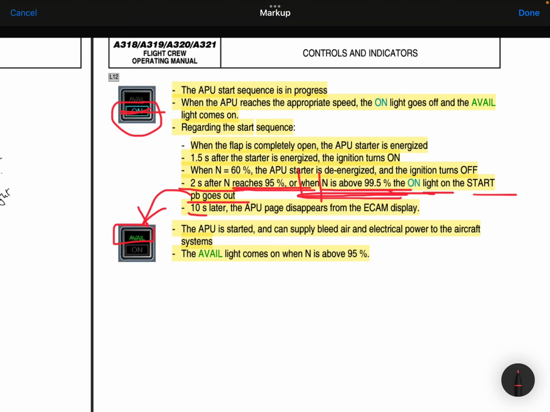And after 10 seconds, the APU ECAM page, which is always displayed when you press this push button, will disappear, right?